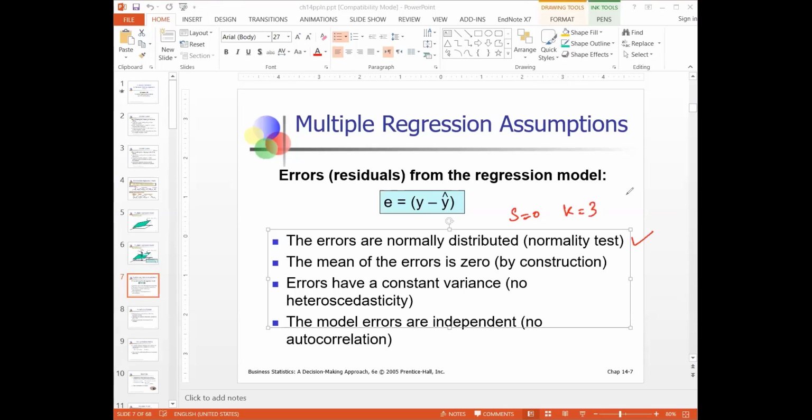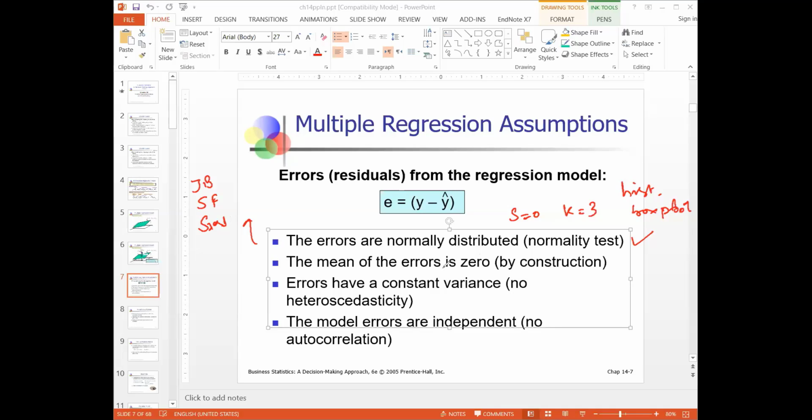We can also check it using the histogram, using box plot, or a few other tests we have just discussed. What were those? The JB test, Shapiro-Francia test, and Shapiro-Wilk test. So there are 3 tests available in software that can be used to check normality.